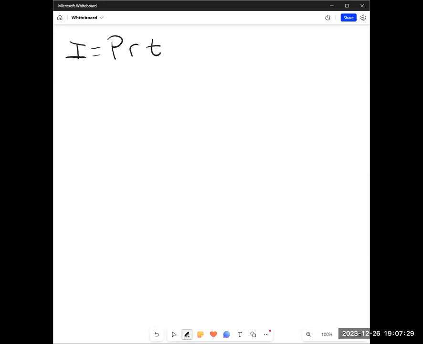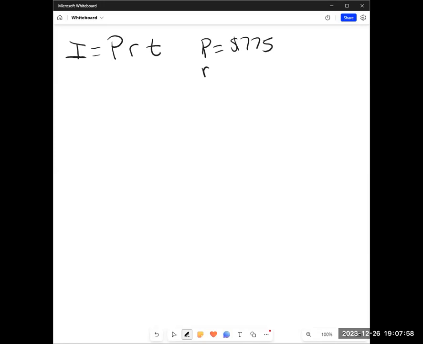So let's go ahead and determine the simple interest. The rate is an annual rate unless otherwise stated, and assume 360 days in 1 year, which is called the banker's rule. We're given that P, our principal, is $775.